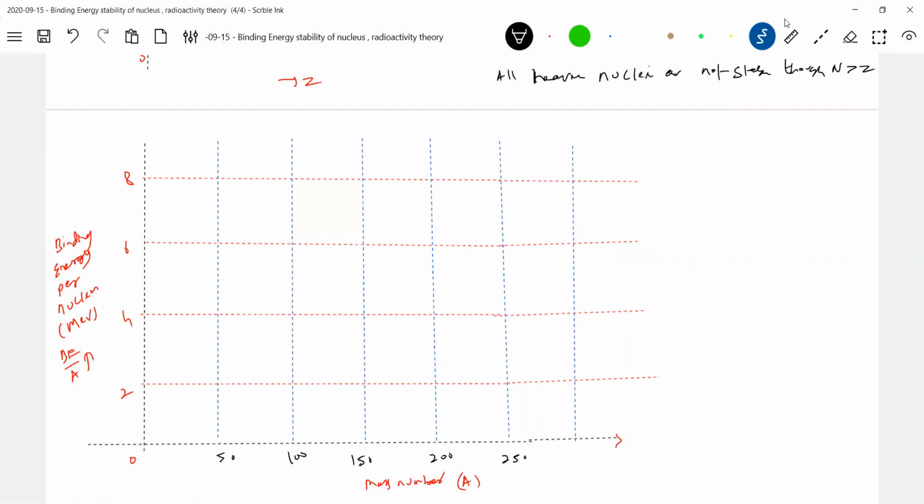The curve, almost all books give the same method. Iron with mass number 56 will come here. Next nitrogen, how much will it be? 39.